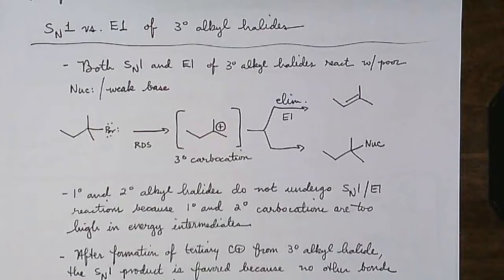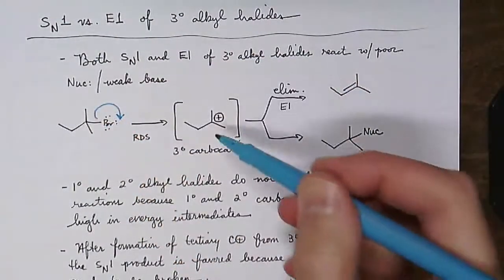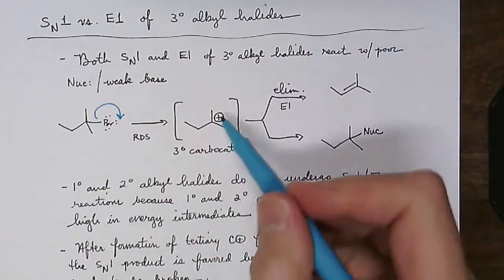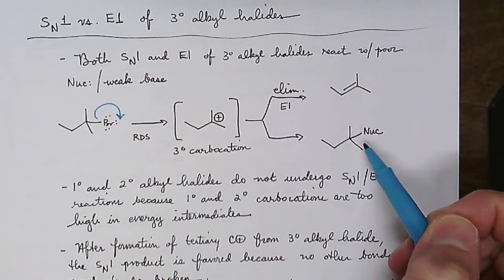These are both possible when they are reacting with poor nucleophiles and weak bases. So remember that tertiary alkyl halides' first rate determining step is cleavage of the carbon leaving group bond to form a tertiary carbocation. At this point, the moderate or poor nucleophile can then attack the positive formal charge and give you your substitution product.